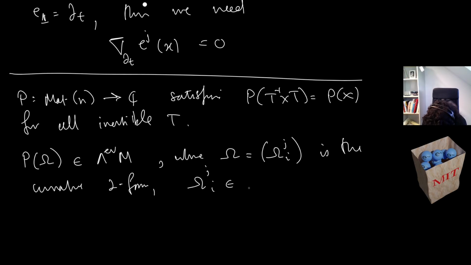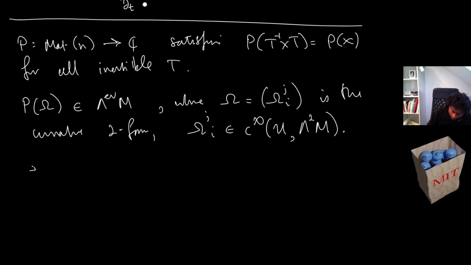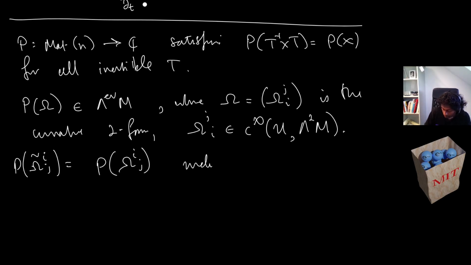So of course this is a local expression, but the point was that if we now have this invariance property, taking omega tilde_ij of P is equal to omega_ij under a change of bases.